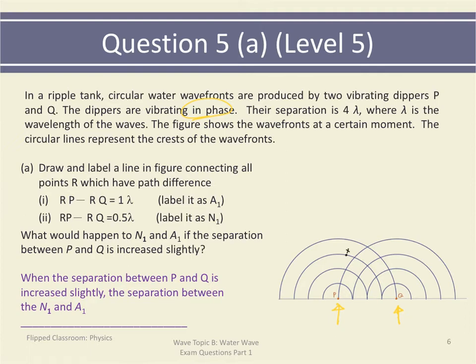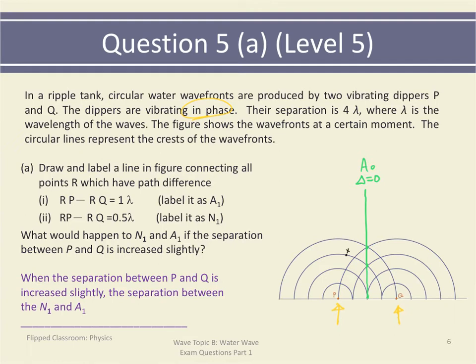Now let's start with the easier one. We join the points which have 0 path difference. That means the middle points. So these 3 points here are the middle points between P and Q. So we join them together. It represents the path difference of 0 from P to Q, and usually I will label it A0.